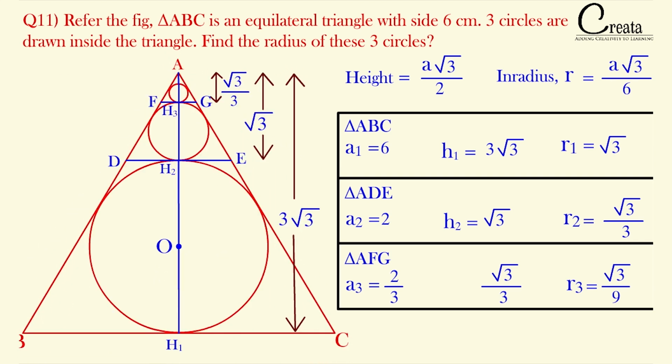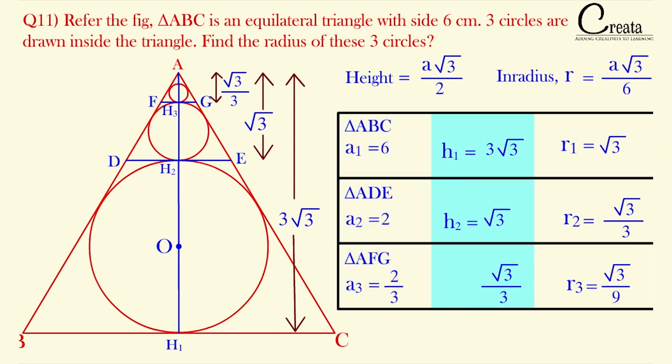Let's again compare this data with the data of the first and second triangle. Here also the same trick is applicable. That is, the side, height and inradius is 1/3 of the previous triangle, that is the triangle below. The side of the first triangle is 6 and the side of the second triangle is 6/3, that is 2, and the side of the third triangle is 2/3. Okay, 1/3 of the previous value.